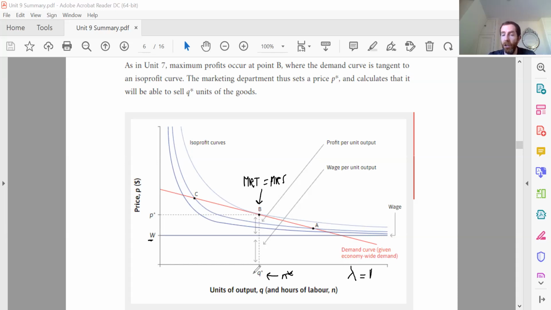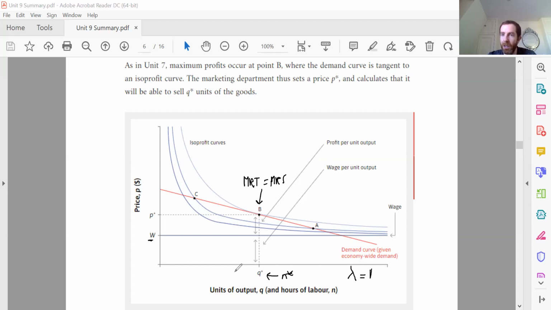So if we need Q units of output, we are going to have to hire a number of workers that can produce that same number, Q star units of output per hour. Because lambda is equal to 1, the number of workers is the same as the amount of output. Sorry if that wasn't clear. The most important thing is we're assuming lambda is equal to 1, and that means the quantity of output and the number of workers is the same.